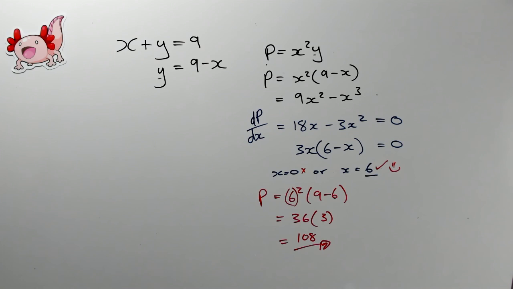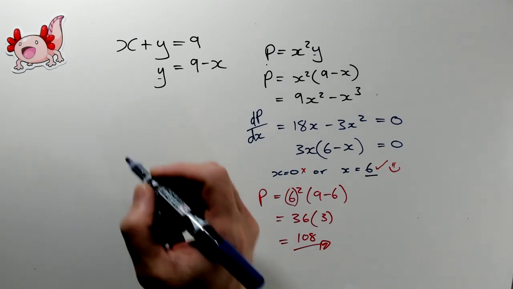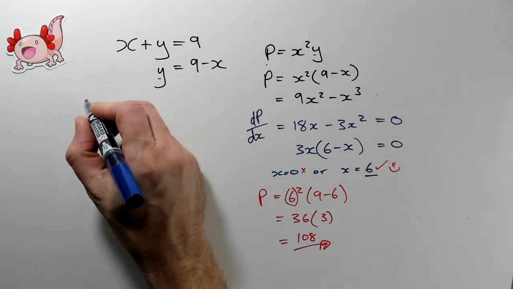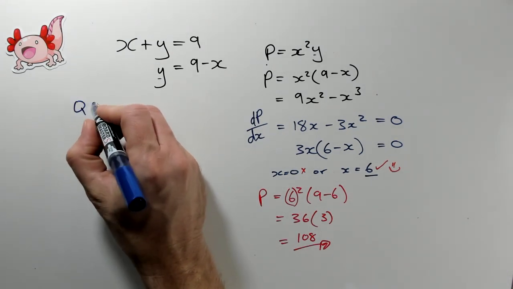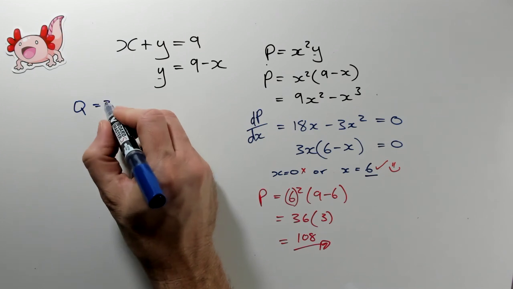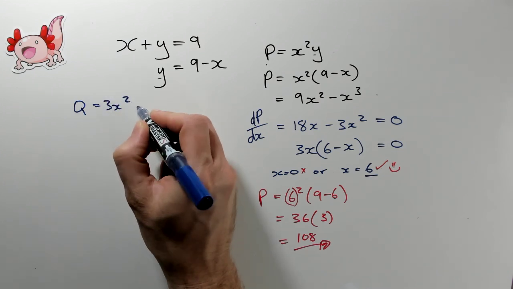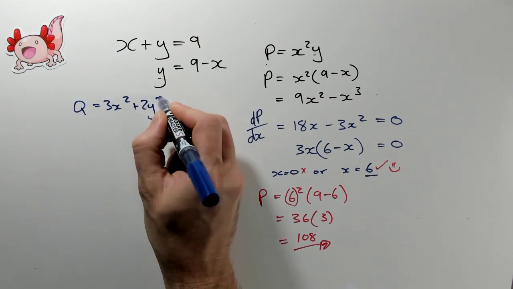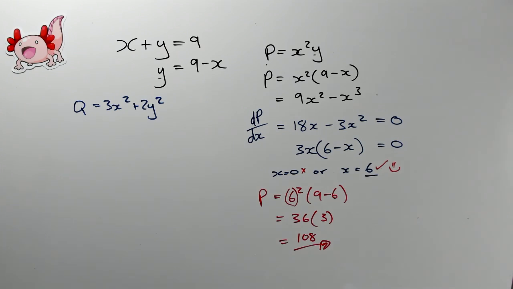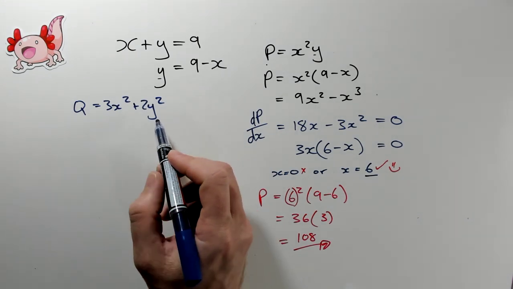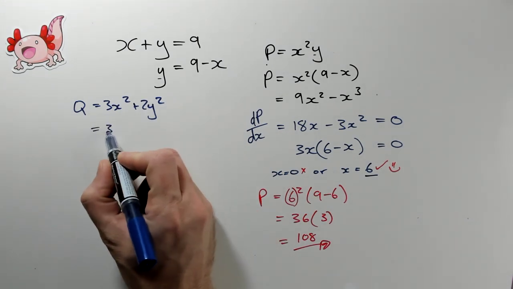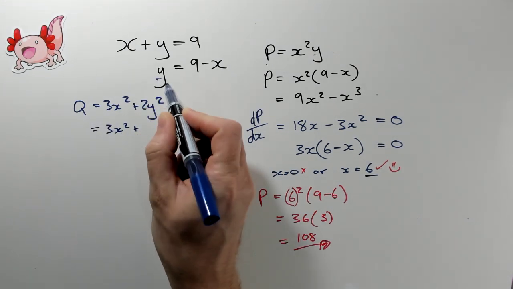Next, they say, that's a different question, or a C part of the question. Given that Q is equal to 3x squared plus 2y squared, write down an expression for Q in terms of x, and then find the minimum value of Q. So I'm going to do this again, x squared, and put this y in here.